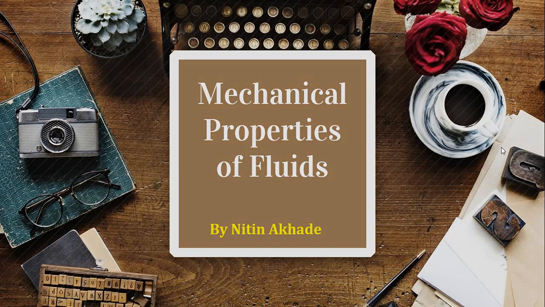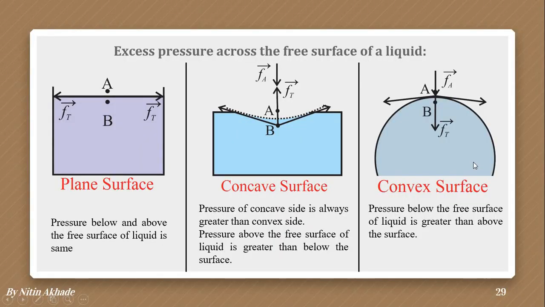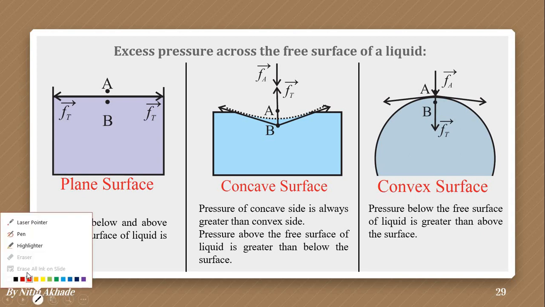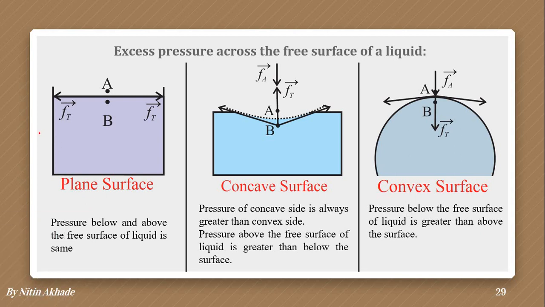That topic is the excess pressure across the free surface of a liquid. In front of you, you have three cases: case 1, case 2 and case 3. As we all know, pressure is equal to force per unit area.